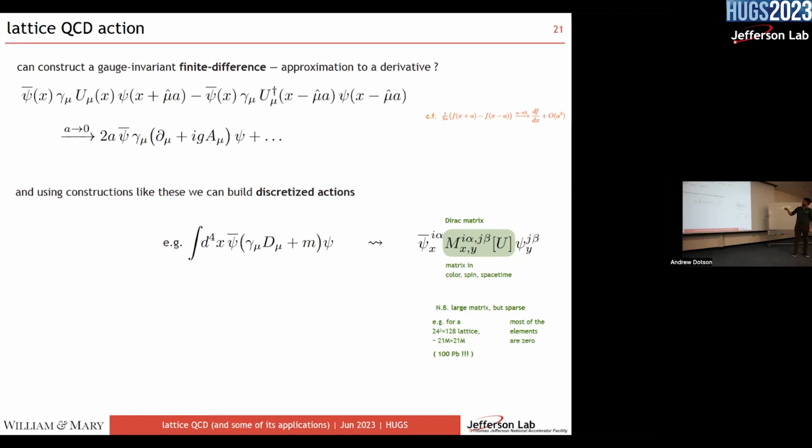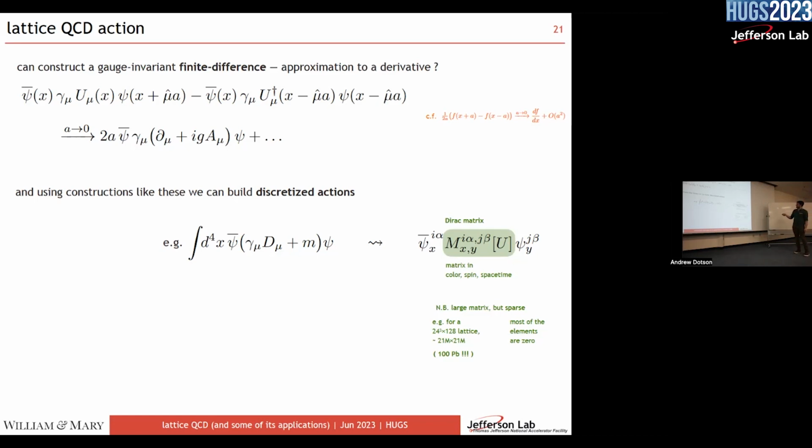So if you do that, let's focus on the quark piece first. Here's the quark bit and quark-gluon bit of the action. What is this going to look like after we've discretized it? Well, it's going to look like this, or something similar to this, but you realize that you can write this in the following complicated looking way.